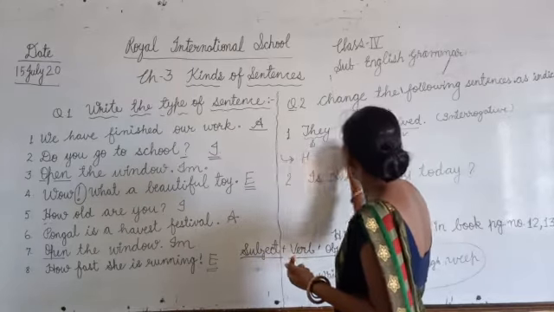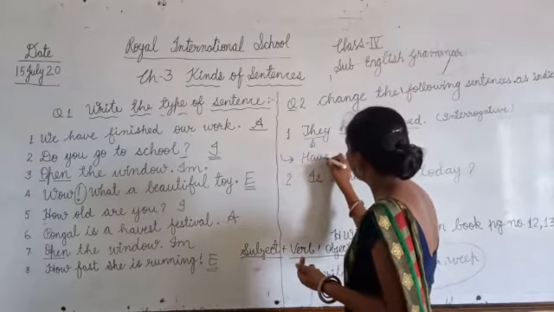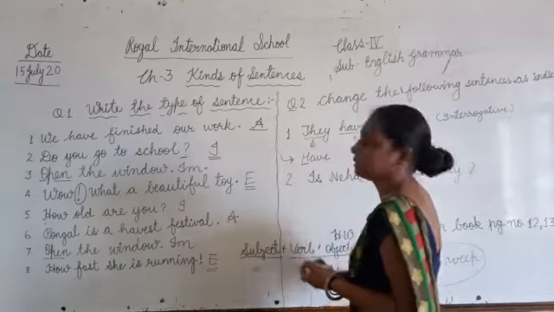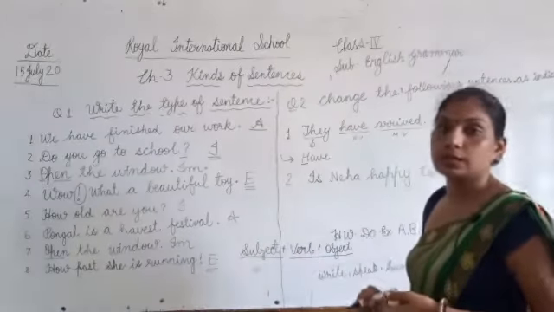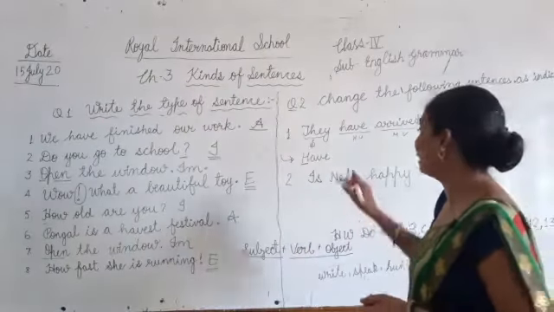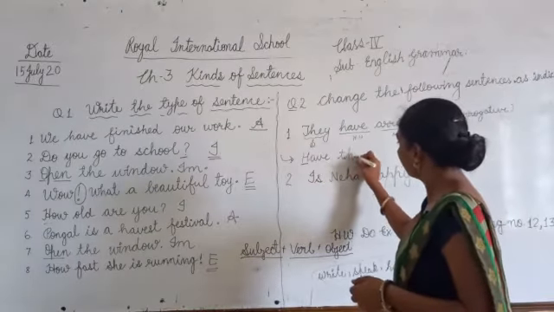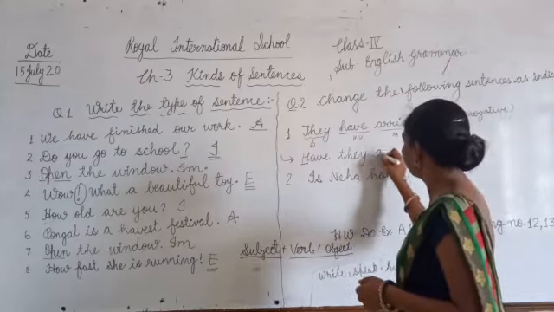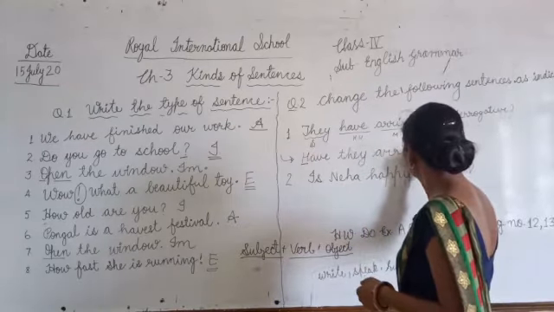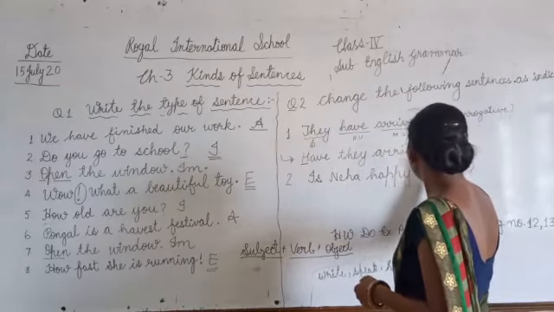We just put the helping verb have first and we start every sentence with a capital letter. Is that clear, student? Okay, beta? So, have they arrived? It is very simple to change.